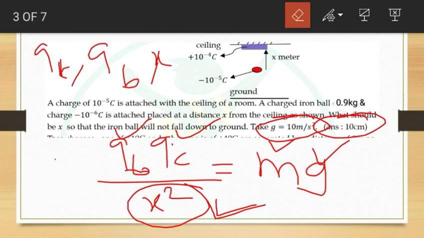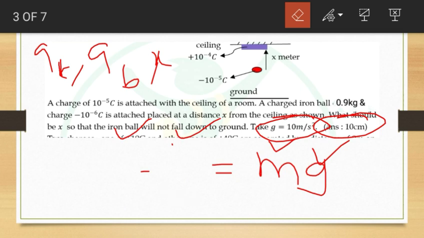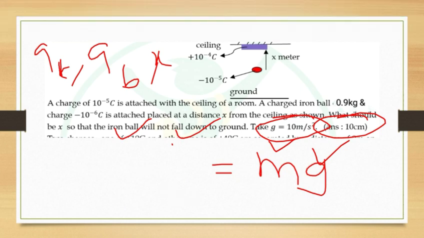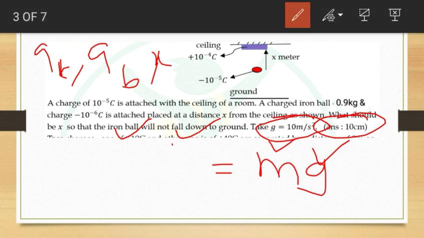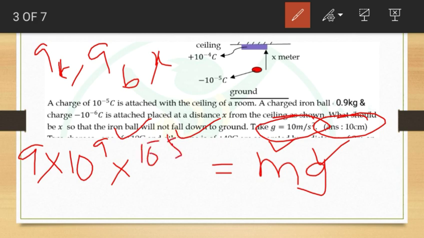So let's put this from the right hand side. 1 by 4 pi epsilon 0 is equal to 9 into 10 to the power 9. So I shall put 9 multiplied by 10 to the power 9, and qb is 10 to the power minus 5, and qc is 10 to the power minus 6, divided by x square, which I do not know.